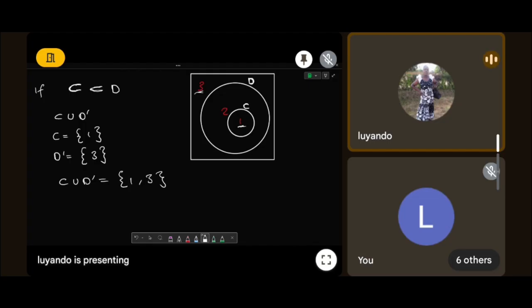Can we associate this with anything? Can this be simplified? As in, what can you call this that is common? Can we say this is equal to C complement? Or can we say it is equal to C? Can we say it is equal to D, or can we say it is equal to D complement?